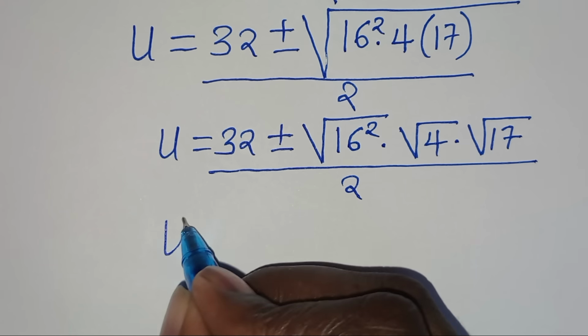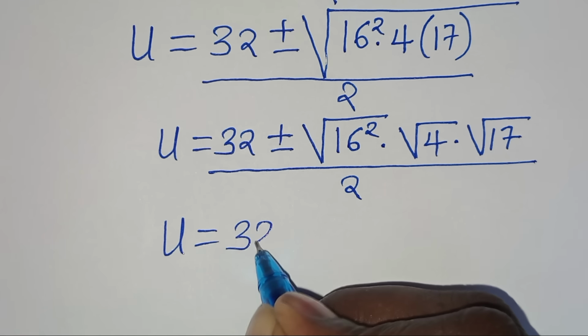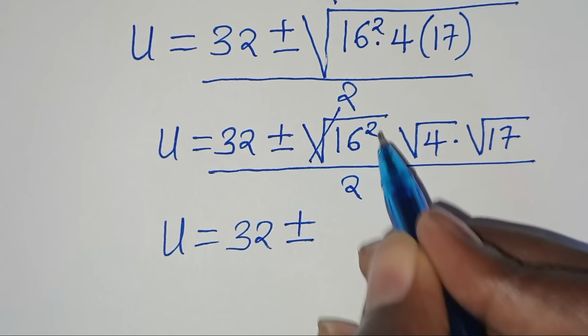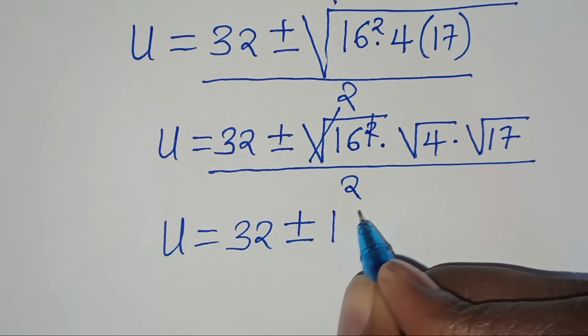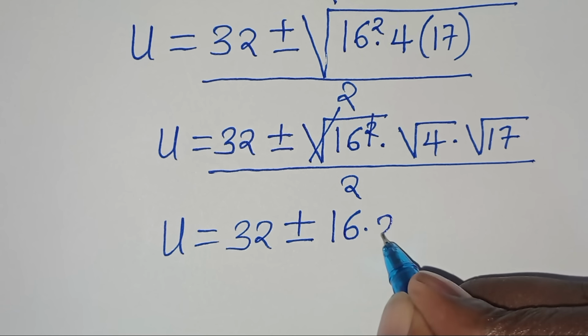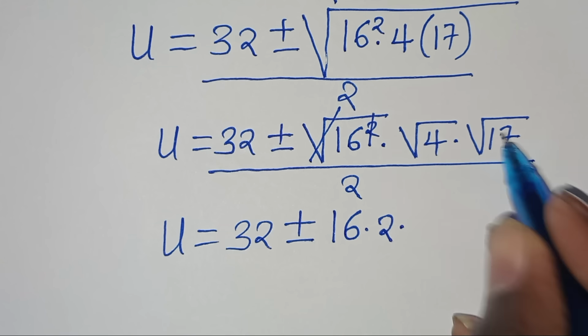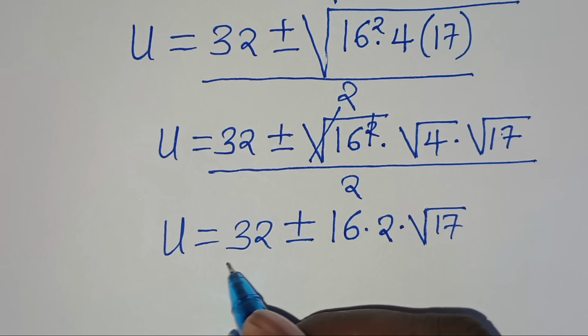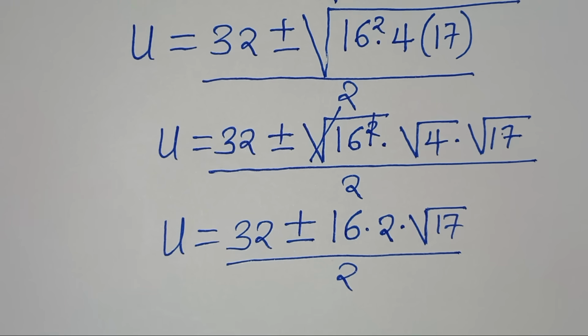Now let's eliminate the square root sign here. So we have 16 multiplied by square root of 4, this is 2, then multiplied by root 17, then divided by 2.